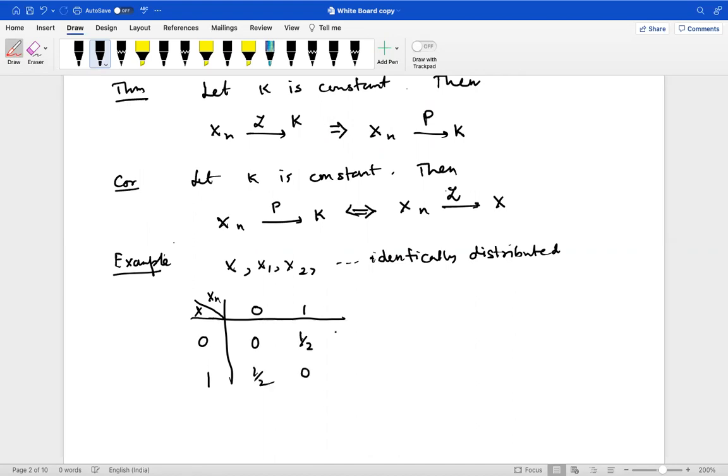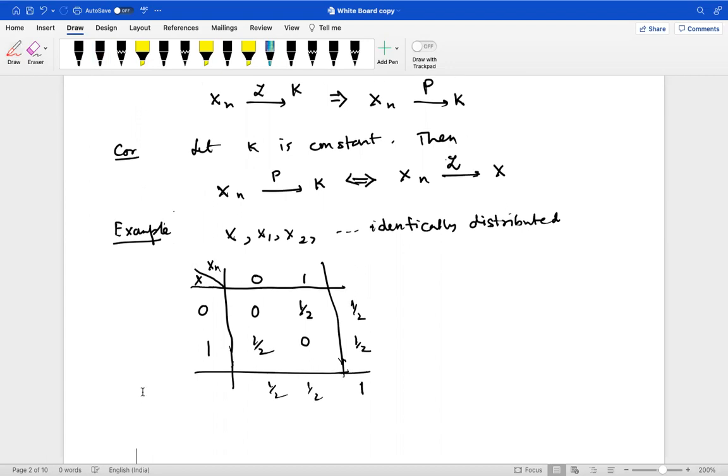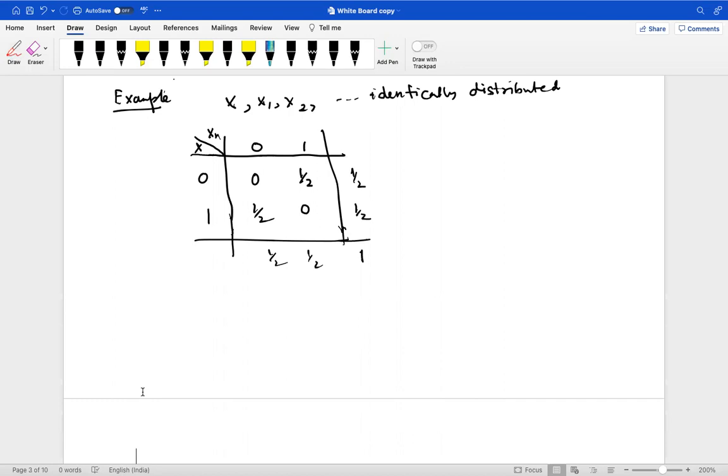So it is obviously not independent. The marginals are half, half, uniform. This is just identical, obviously the same distribution.